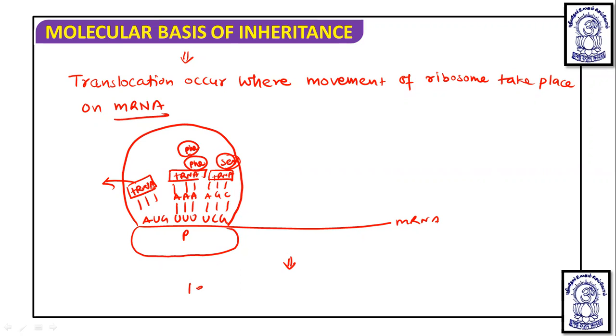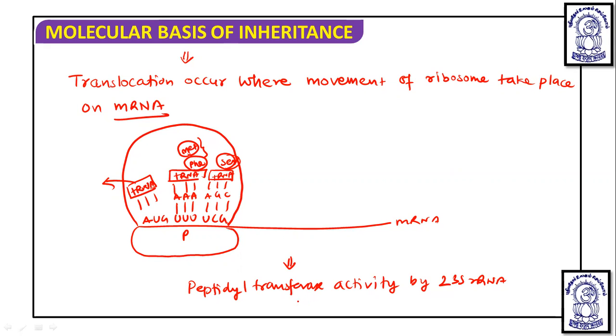So after this, what happens? Peptidyl transferase activity by 23S rRNA. Due to this peptidyl transferase activity, now this peptide, sorry dear students, this is methionine, is going to be shifted onto the A site. After it is shifted on the A site, again the bond will form. After bond formation, again the translocation will happen.